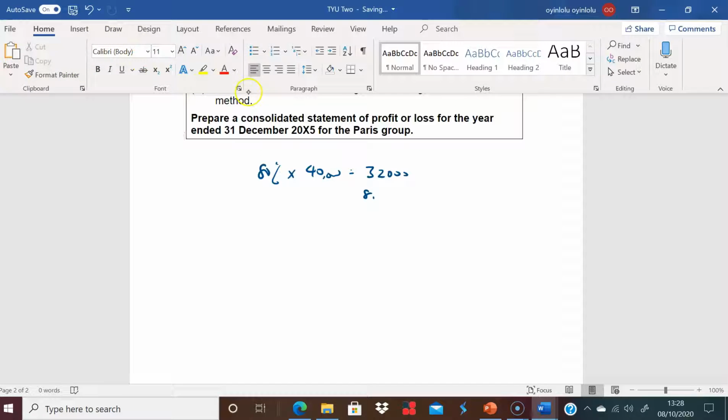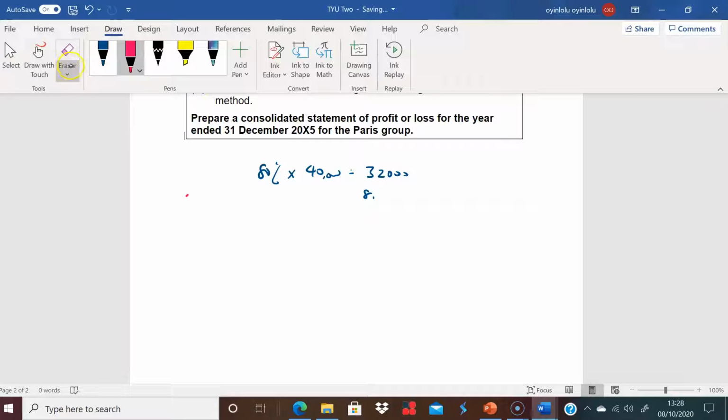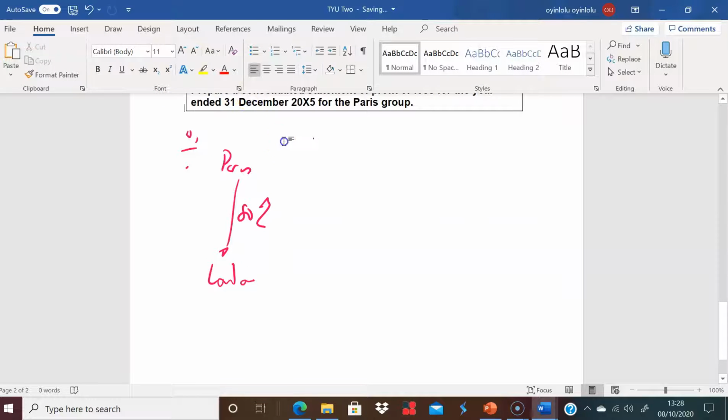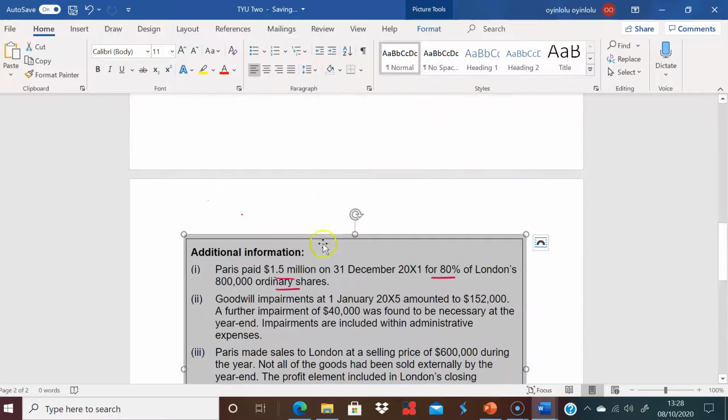Let's erase that. Okay, so Paris controls London, 80%. We know that. You can call that working one if you like. Okay, let's see what happens next.